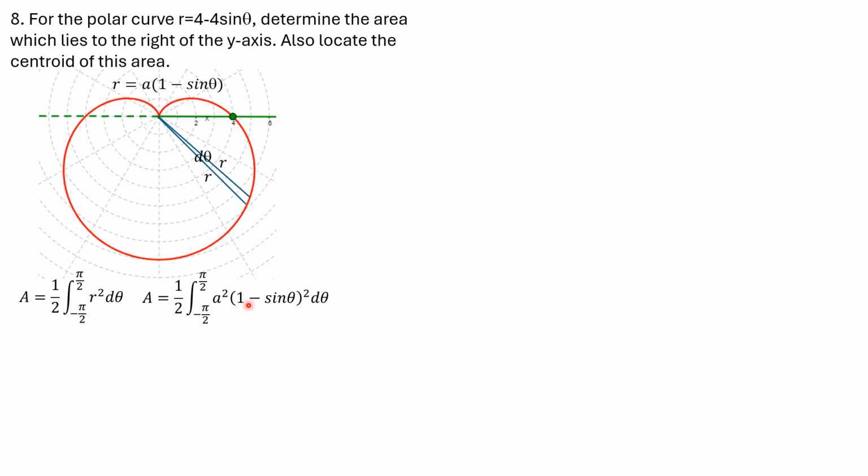Let us expand this. So area equals a squared over 2, then integral from negative pi over 2 to pi over 2 of 1 minus 2 sine theta plus sine squared theta, d theta. So this is an odd function. The integral is even, and since the limits are equal, we will show later that this will be 0 even if we evaluate this.